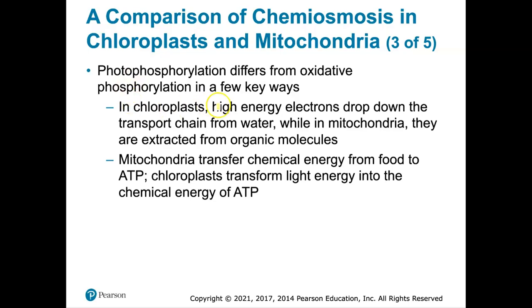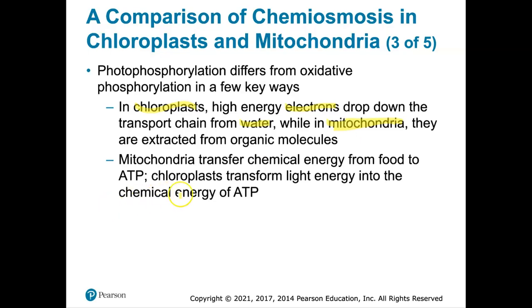For one thing, the electrons are replaced by water molecules in photophosphorylation. The electrons that are excited and used in the electron transport chain are replaced by the splitting of water, while in the mitochondria and cellular respiration, the electrons are replaced by, it says they're extracted from organic molecules, but basically they come from the NADH and the FADH2.